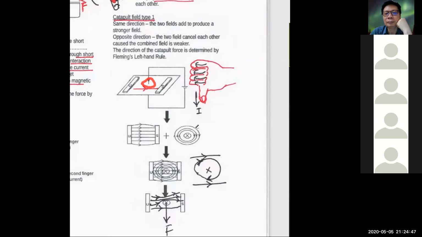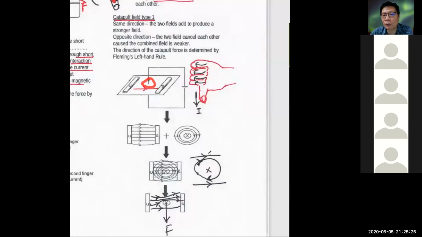Now, when these two magnetic fields interact, you put them together, combine, so it becomes like that, isn't it? So this is north to south. The other one is a clockwise direction. I draw here lah. This one is the permanent magnet, north to south. This one is a clockwise direction magnetic field. You notice up here, the two magnetic fields are in the same direction.